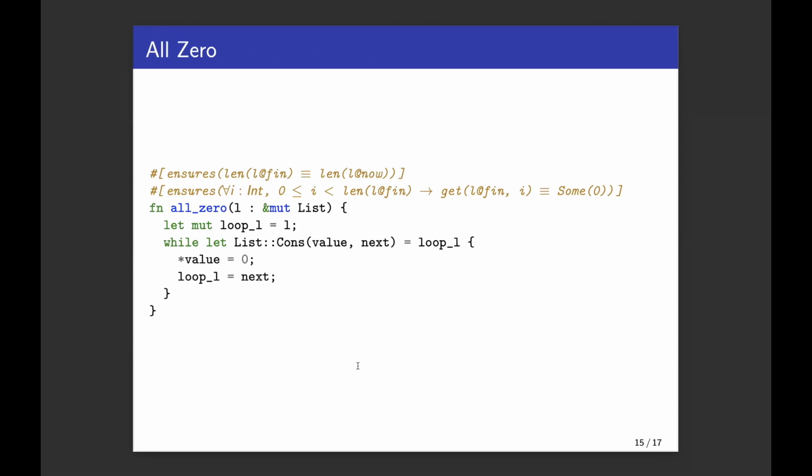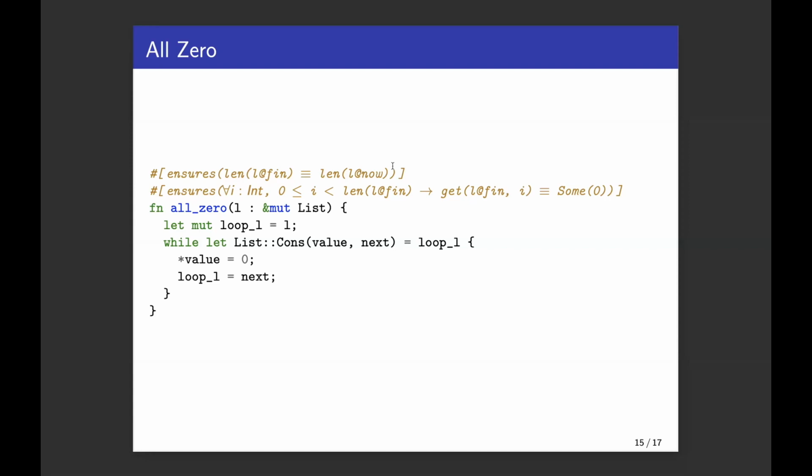Very well. So back to our little all zero example. Now that we have our length helper and our get helper to write our specifications, we can actually write the top level specification for all zero. And so here, what we'd like to say is that all zero is, first of all, not going to remove or add any elements to our list. And so to that end, we say that the length of the final value of our list is going to be the same as the length of the current value of our list.